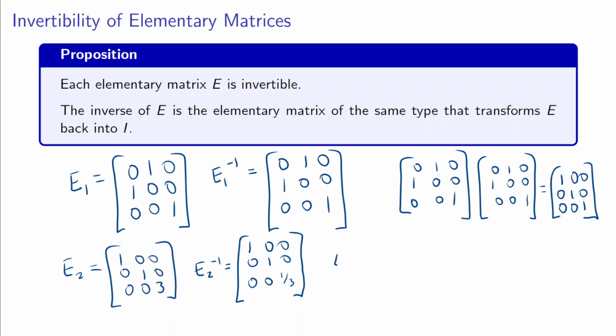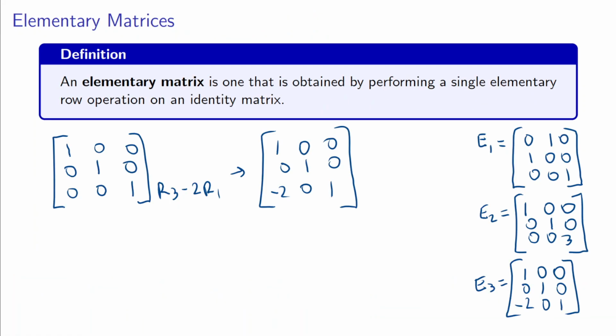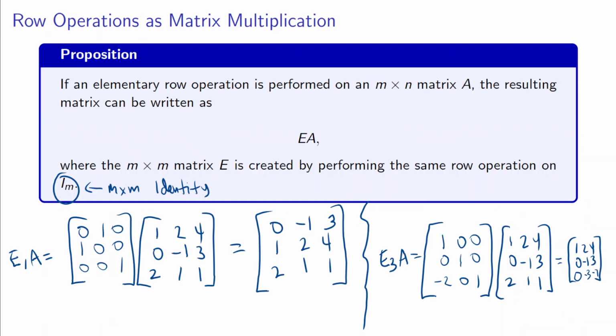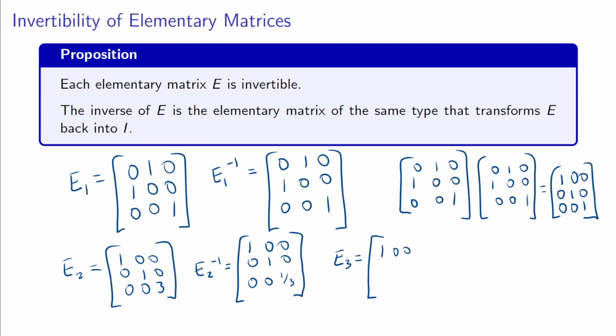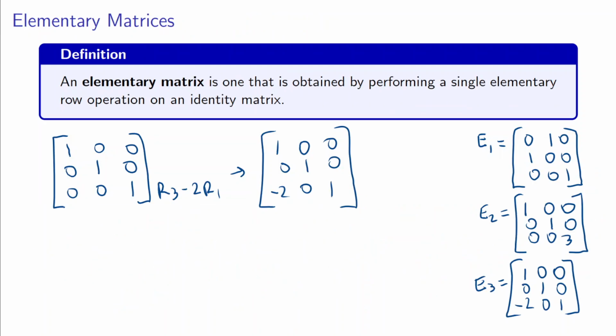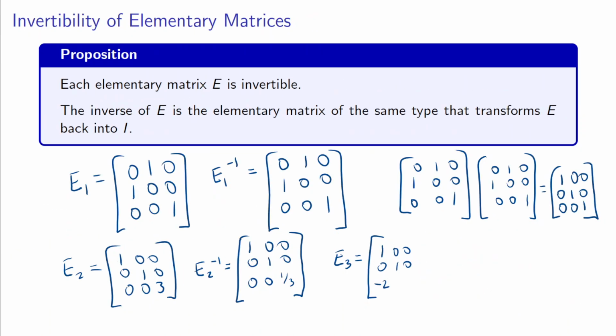And then what about the row replacement example, E3? So we did R3 minus 2R1. So that was 1, 0, 0, 0, 1, 0, negative 2, 0, 1. How would we return this to the identity? I guess we'd have to do R3 plus 2R1.